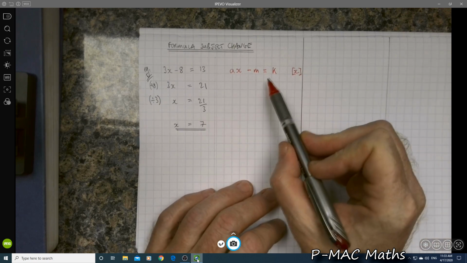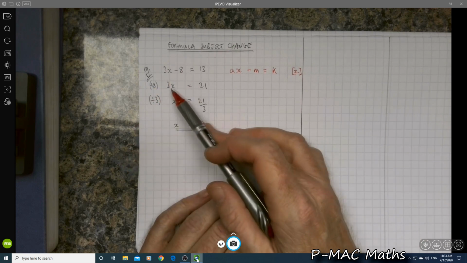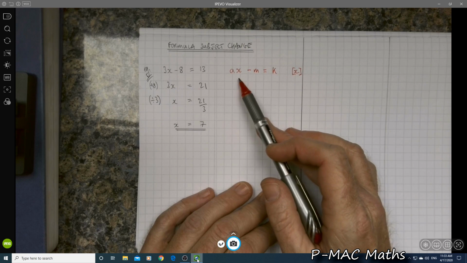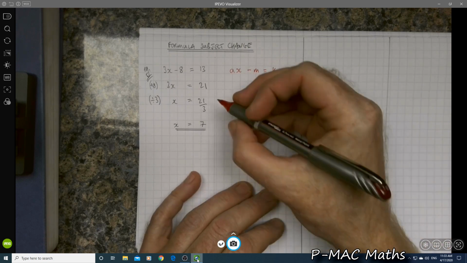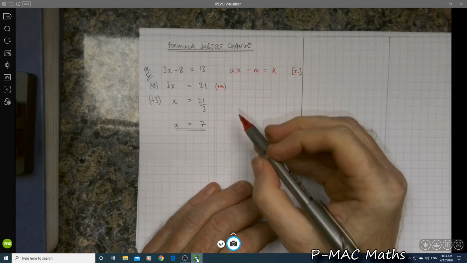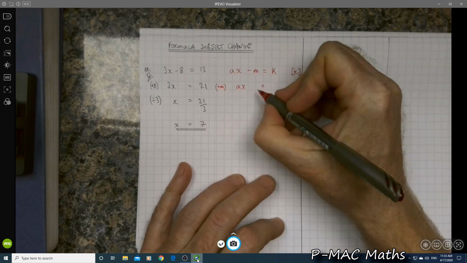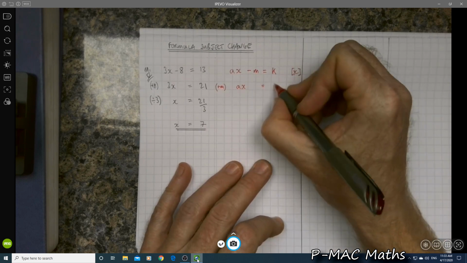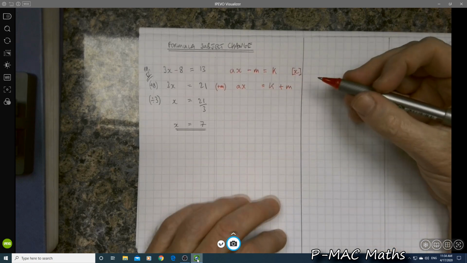So parallel move here. The first thing I did with the equation was add 8 to both sides, and in mimicking that step I'm going to get rid of the minus m by adding it to both sides. So I'm adding m to both sides. That means my next line is now going to read ax equals, I've got rid of minus m by adding it, but on the right hand side I'm going to have to add m so that the equation maintains balance.